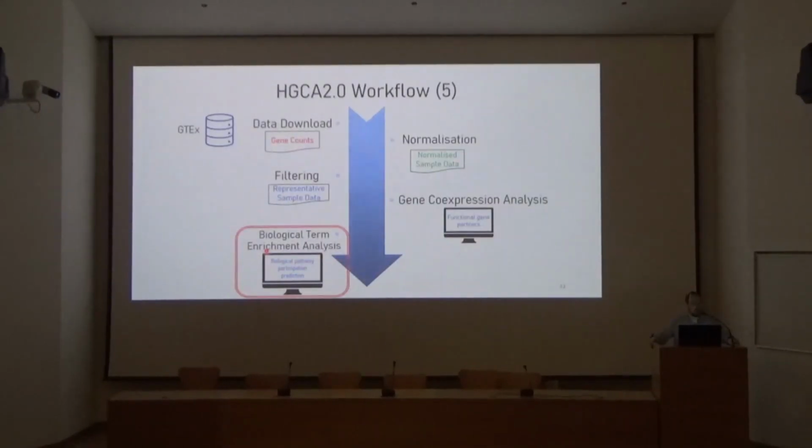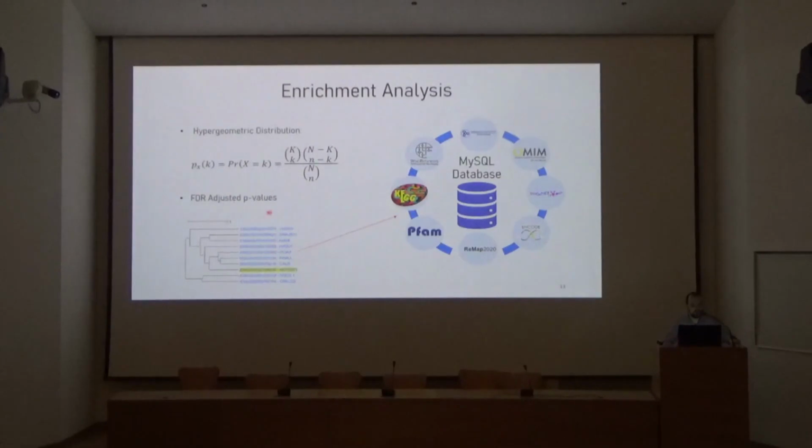The last part in performing co-expression analysis is our result evaluation. In order to do that, we use enrichment analysis of biological terms, and we do that on the specific clade that we have selected that contains our supposed co-expressed partners. The enrichment analysis is performed using the hypergeometric distribution for each specific term that we want to test, and this results in p-values that are adjusted for false discovery rate.